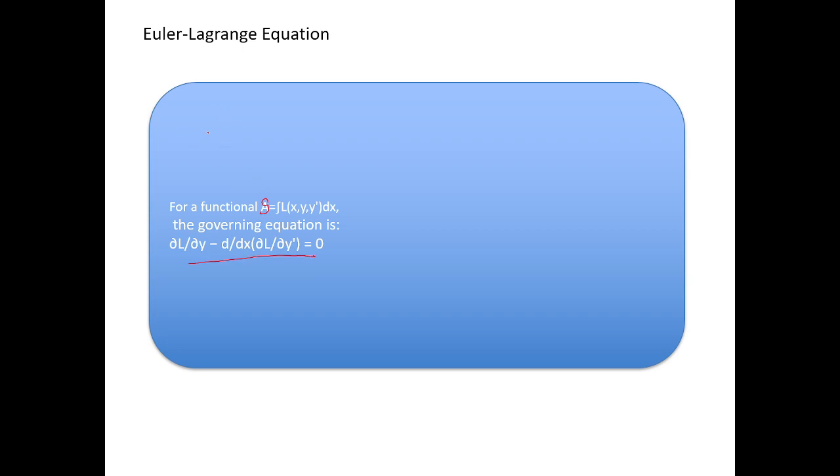We have the Lagrangian as a function of x, y and y dash in our one-dimensional case, and the corresponding equation is: partial L by partial y minus d by dx of partial L by partial y dash equals 0. This is the Lagrangian and this is the Euler-Lagrange equation. It is obtained from the optimal value of the action.